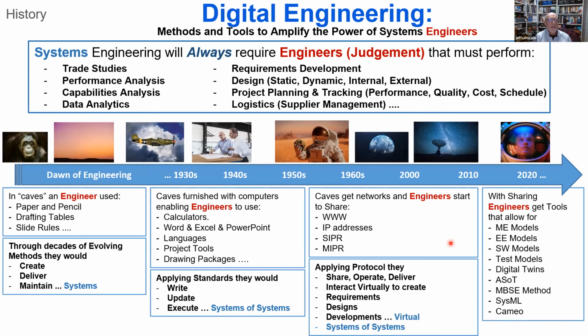So understand, digital engineering is really a set of methods and tools that amplify the power of systems engineering. Bottom line, systems engineering, as it shows in the top box, will always require engineers and engineering judgment, and they will perform these types of things, from trade studies all the way down through the list to logistics and beyond.